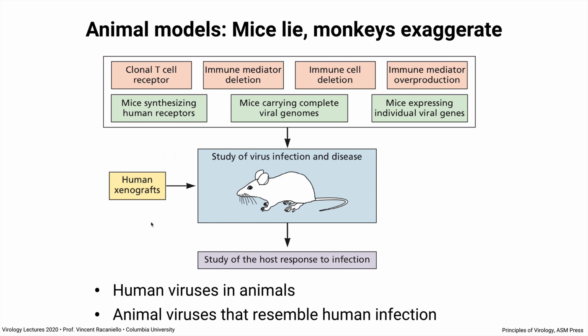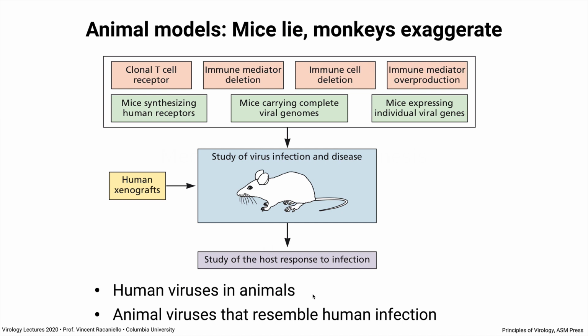Now, in general, when we use animal models, we have two broad approaches that we use. In one case, we take human viruses and infect animals with them. So you can find a virus that will reproduce in a mouse, either a wild-type lab mouse or a mouse that you've modified in some way to make it become infectable.